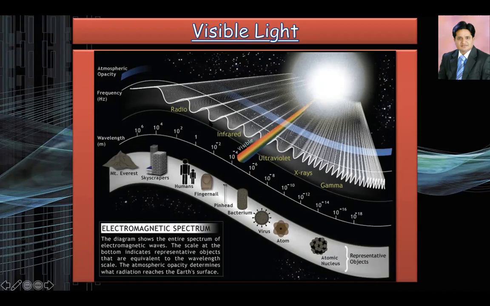Out of all these waves, the only visible waves are this one, which we see. And out of that, the red color has got the maximum wavelength. And that is the reason why it is used as a danger signal, because red light has a maximum wavelength, and it can be seen from the furthest distance.